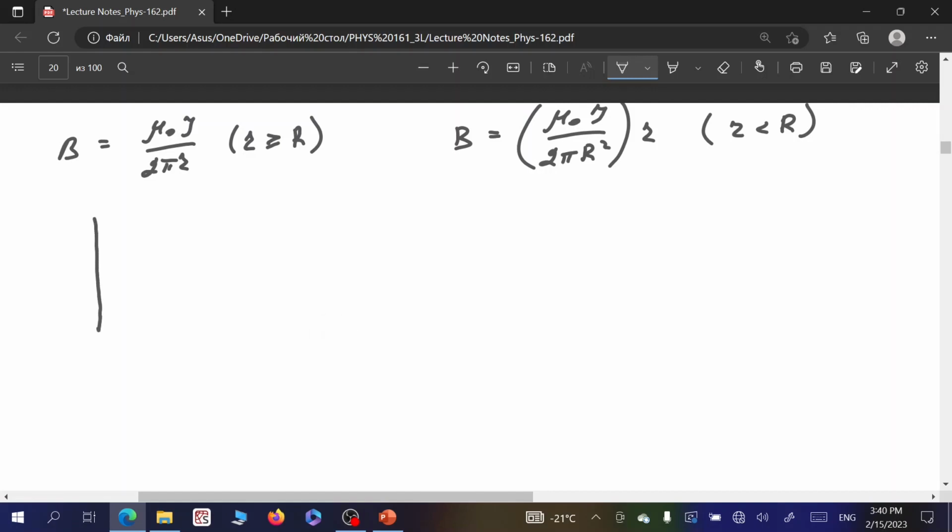So here will be magnetic field B. This will be distance from the center of the conductor. This will be the radius of the conductor, so this is the center, and this is the edge of the conductor.